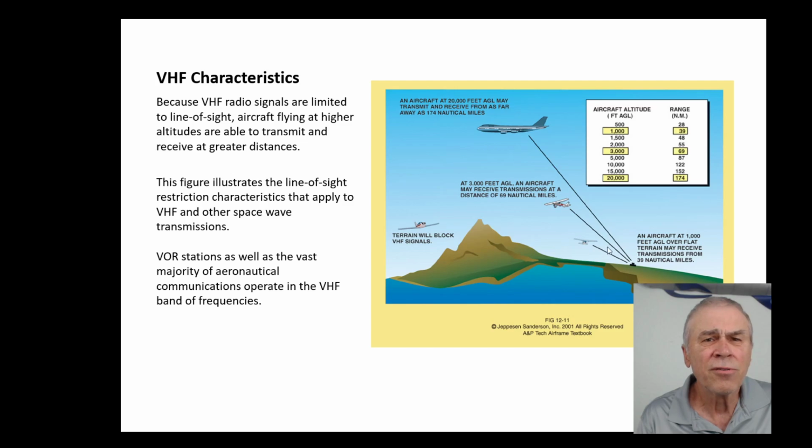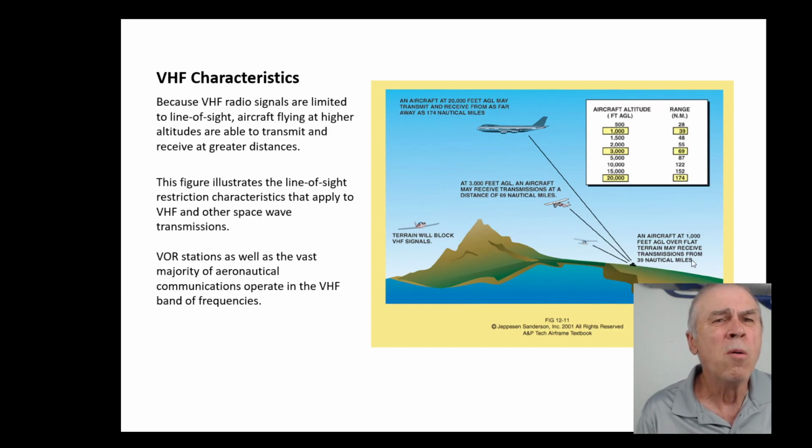What else are they showing us here? An aircraft at 1,000 feet above ground level over flat terrain may receive transmissions from 39 nautical miles. And if they were at 3,000 feet, it would be 69 nautical miles, so almost double. 174 if you're at 20,000 feet.